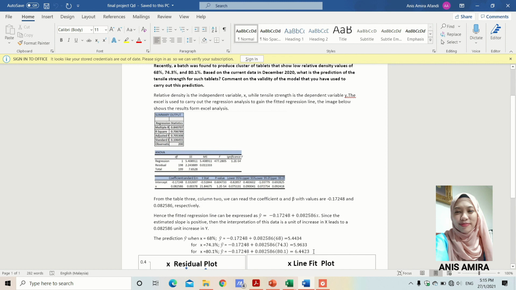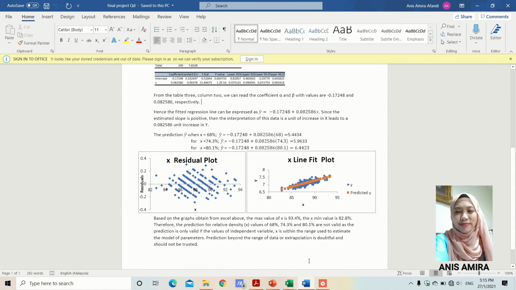For x equals 74.3%, y equals 5.9633 megapascal. For x equals 80.1%, y equals 6.4423 megapascal.